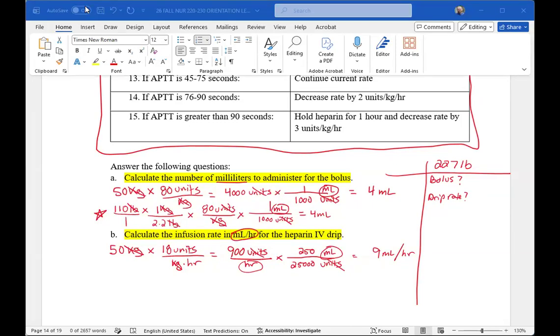So technically, to do proper rounding, you don't want to round until the very end. So what I would suggest is once you've taken the 227 divided by 2.2 and you have that number, keep it in your calculator.